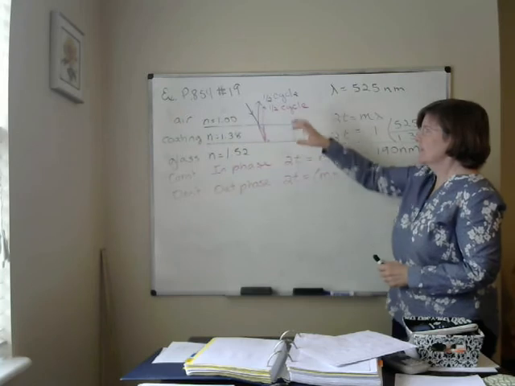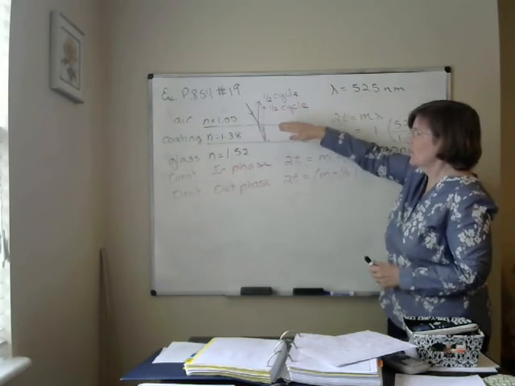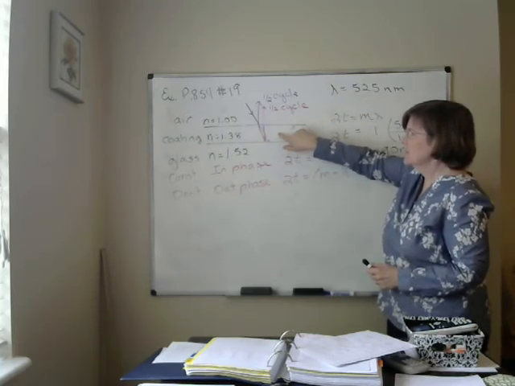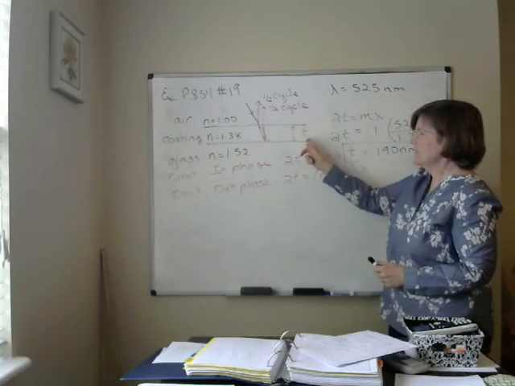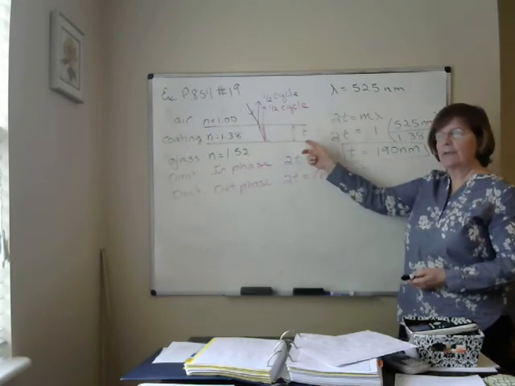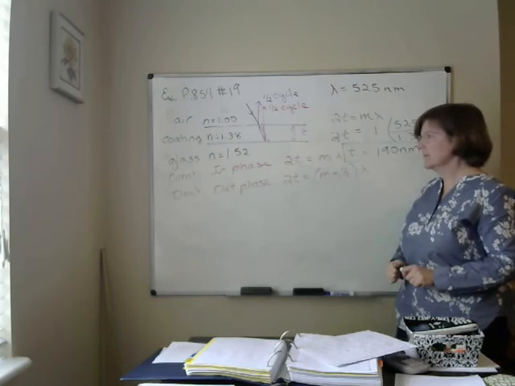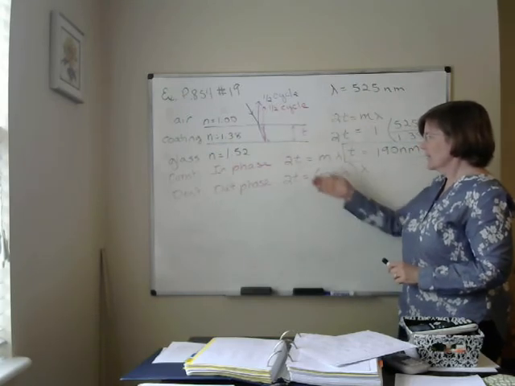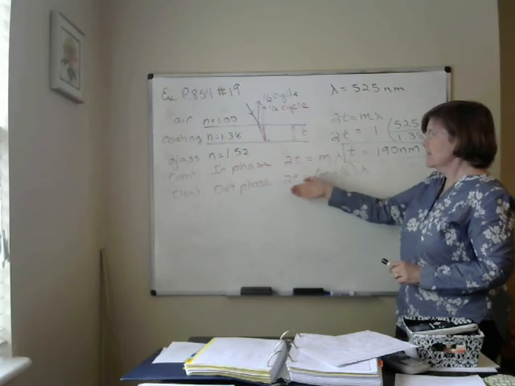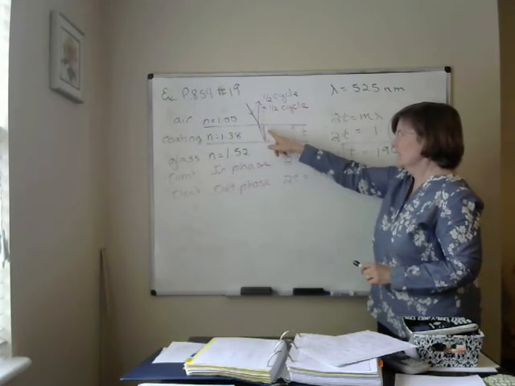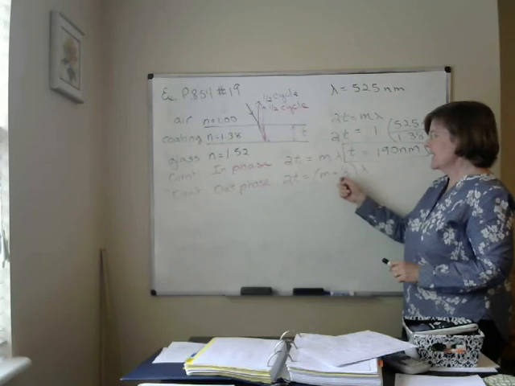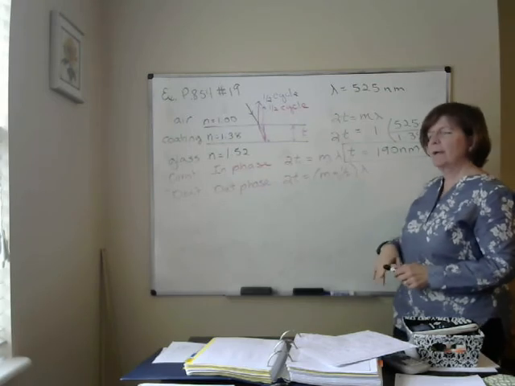Okay? If these are the same, then I want to get a multiple. 2t would have to equal a multiple number of wavelengths to maintain that they would come out in phase together. That's our constructive right there. If somehow this extra distance traveled came out to be m plus a half wavelengths, they would come out exactly out of phase.